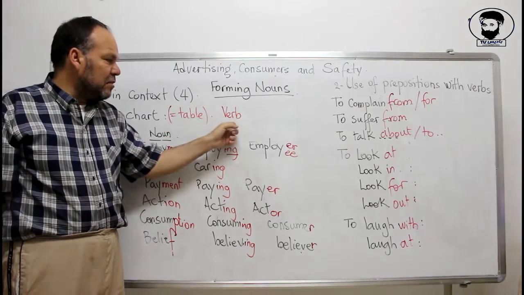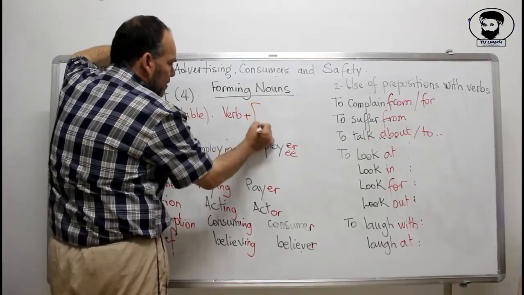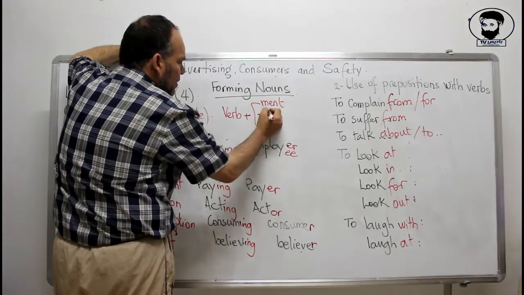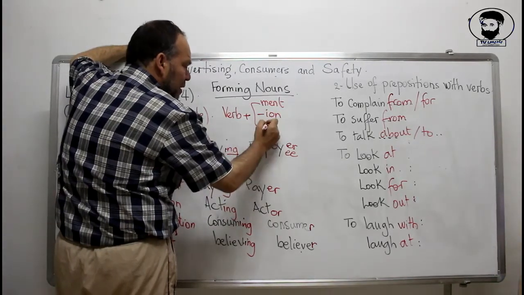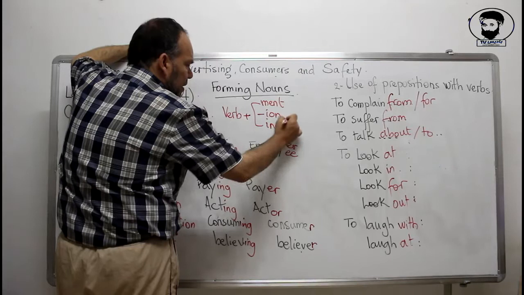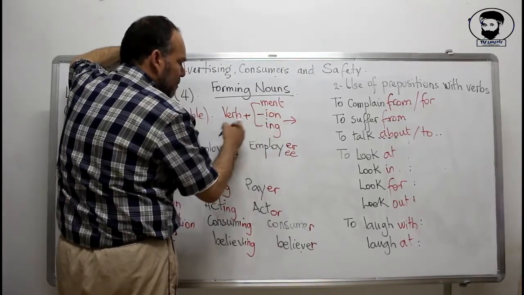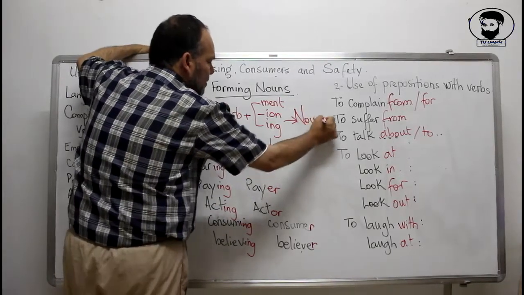So some verbs take ment or ion, but all the verbs get ing. If we add ment, ion, or ing to a verb, we get a noun of this verb.